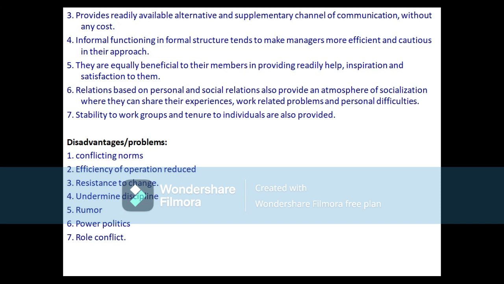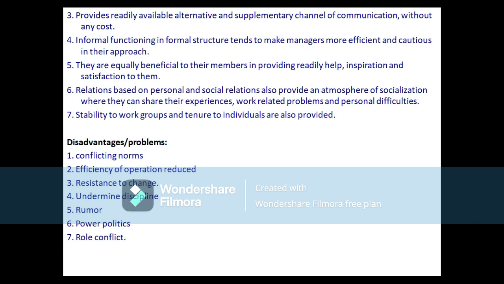Whenever rumors spread, definitely it will affect the functioning of the organization. And power politics means the informal organization is often riddled with factionalism and power politics. Members divert their energy and time from jobs to indulge in faction fighting and petty politics. So this is definitely a disadvantage: more concentrating on power politics and less on jobs.